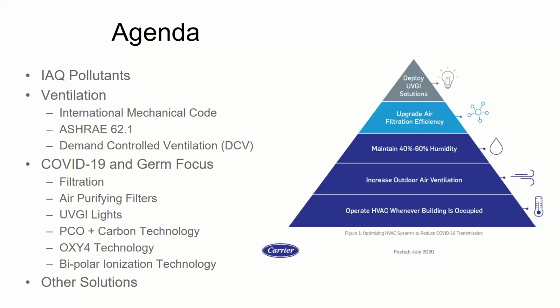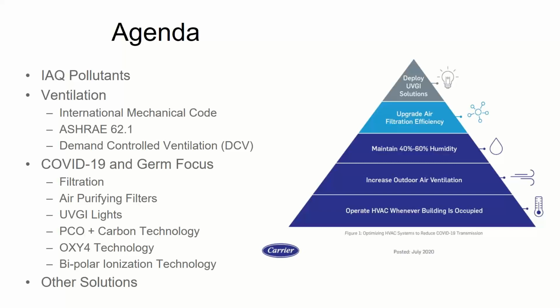And then we'll go into all the germ stuff. We'll talk about all the different technologies that we can use to eliminate germs in the building, including COVID-19, obviously, because that's been the discussion for almost 2 straight years now. Can't believe it's been 2 years. And then we'll talk about some other miscellaneous things that tie everything together.